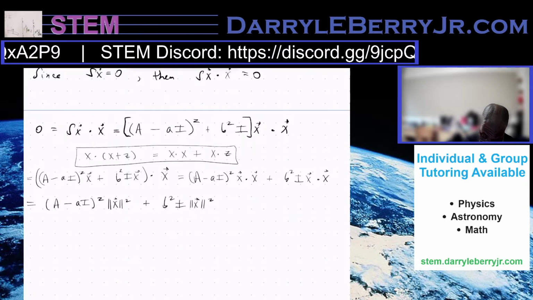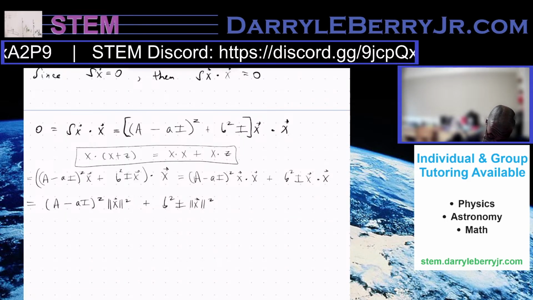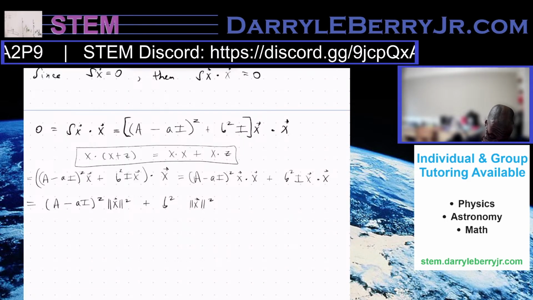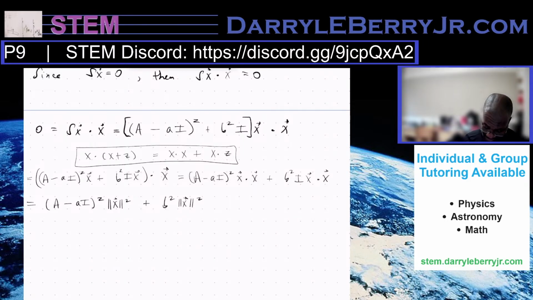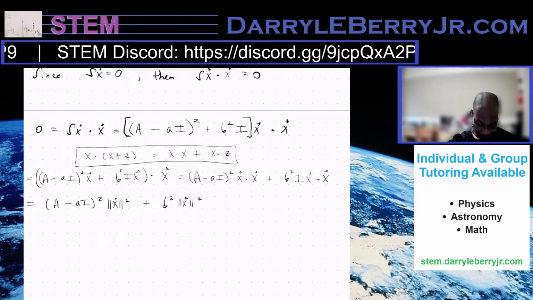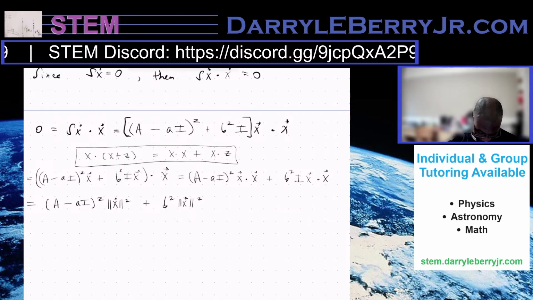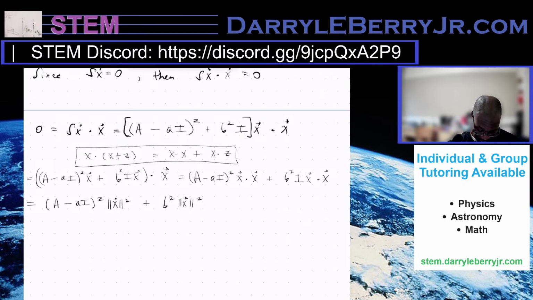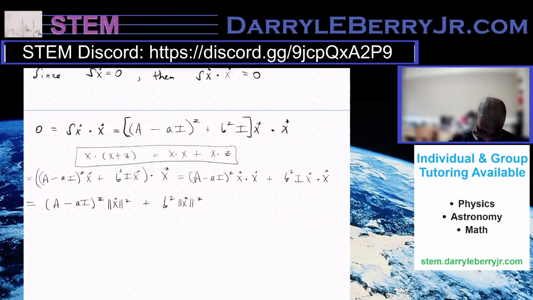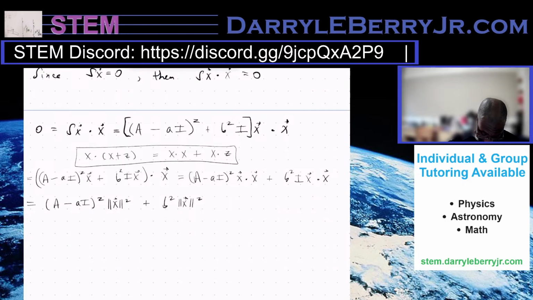Now, the identity matrix gives you the same thing, so it seems like they just allow that to give you the same thing. But I noticed they have the magnitude of this squared as well.